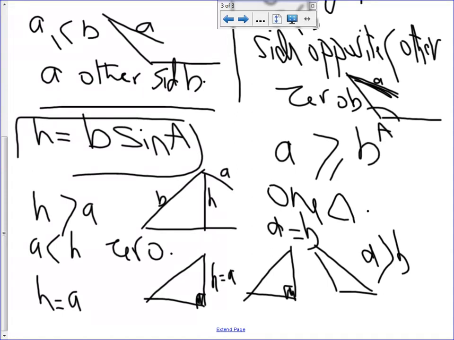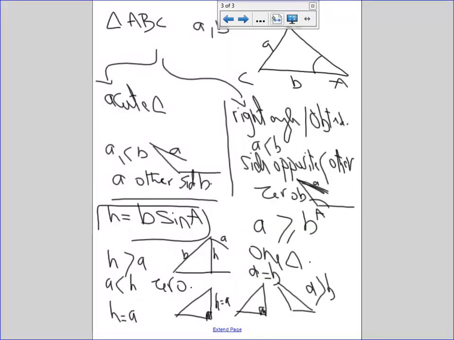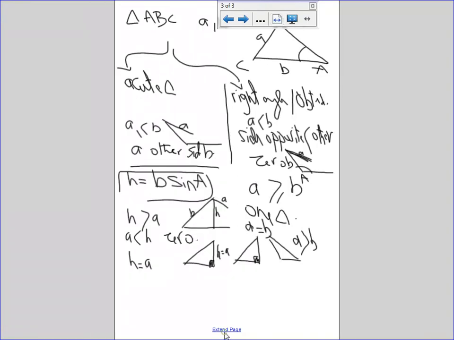The height is equal to the side opposite the angle, so we have only one triangle.